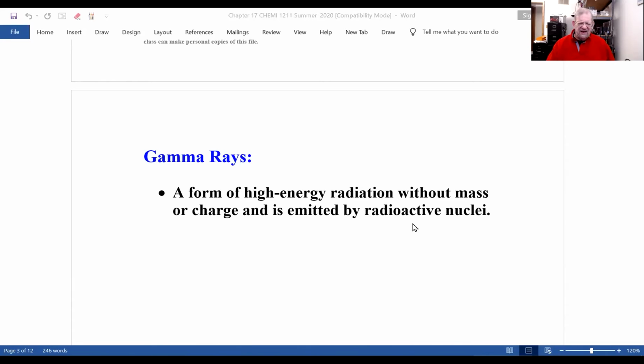How can something not have mass or charge? Well, light doesn't have mass or charge. The radio waves for your radio or your cell phone don't have mass or charge. By the way, in our universe, gamma rays will kill you. They will not turn you into the Hulk.